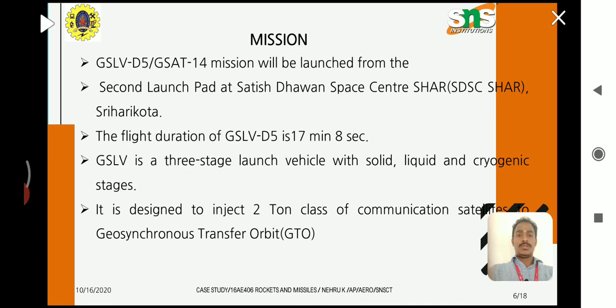So they do both the GSLV D5 and GSAT 14 missions at Satish Dhawan Space Centre, and the flight duration of the GSLV is about 15 minutes 8 seconds. The GSLV is a 3-stage launch vehicle with solid, liquid, and cryogenic stages, and it is designed to inject 2 tons class communication satellites into geosynchronous transfer orbit.